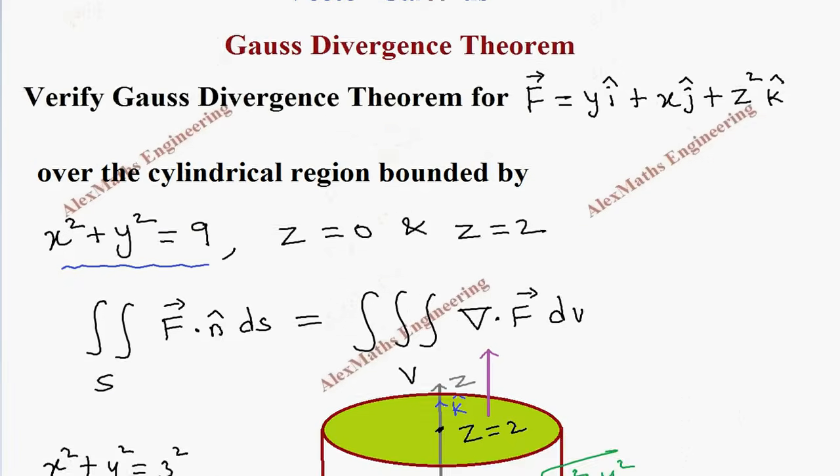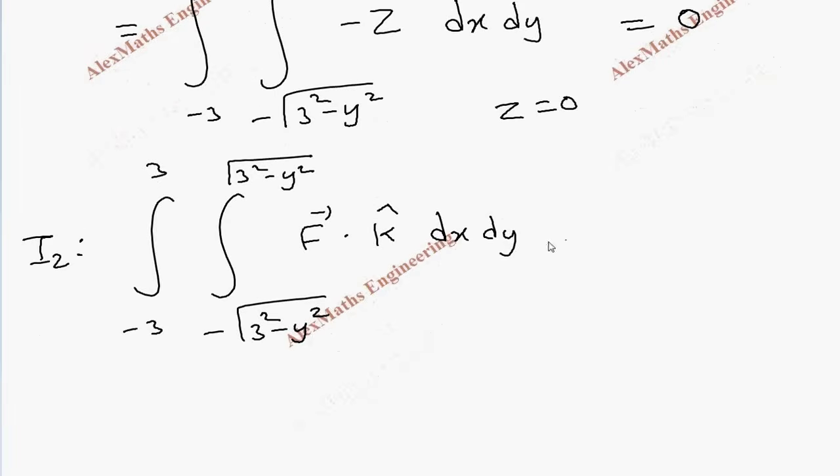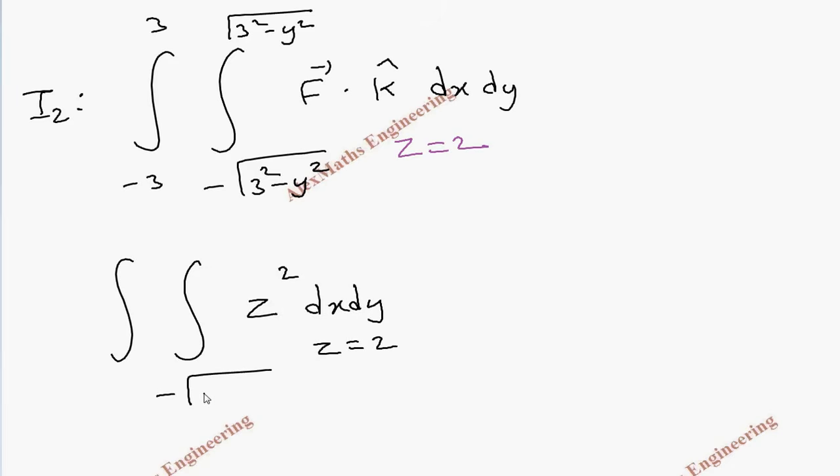So when we do f dot k, we get only z square, and the equation of the plane is z is equal to 2 here. So this part now becomes double integral z square dx dy, and the value of z is 2, from minus root of 3 square minus y square to root of 3 square minus y square.